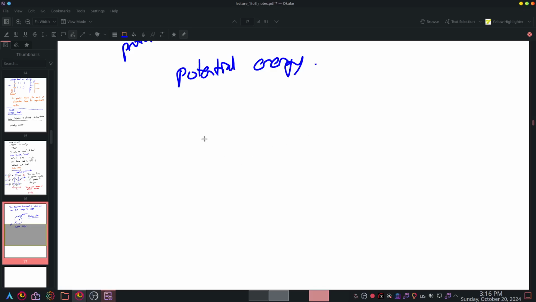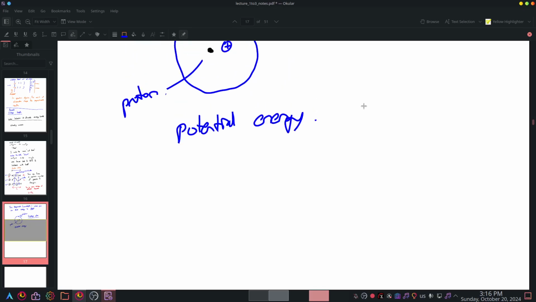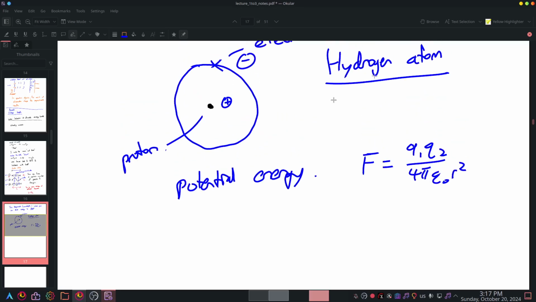So how does it look like? Man, I have to write formulas. Okay, let's have this picture. The force between particles is Q1 Q2 over 4 pi epsilon naught r squared. Why am I giving you this? Basically what I want to say is that the Coulomb attraction, positive charges attract, is based on the charge.